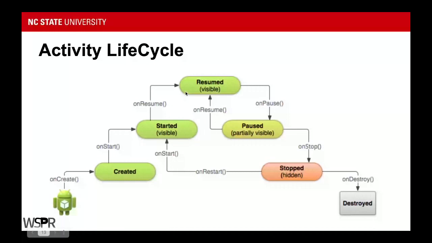At this point, the login page is still not visible. Then the onStart method is called, and the activity is brought to the started state, and after calling the onResume method, it goes to the resumed state, and at this point the login activity is running on the foreground and you can see it on your screen.